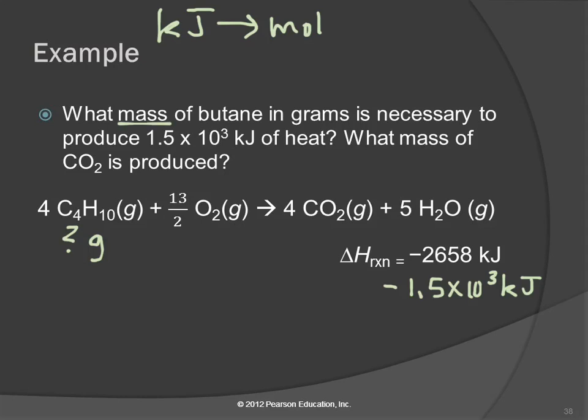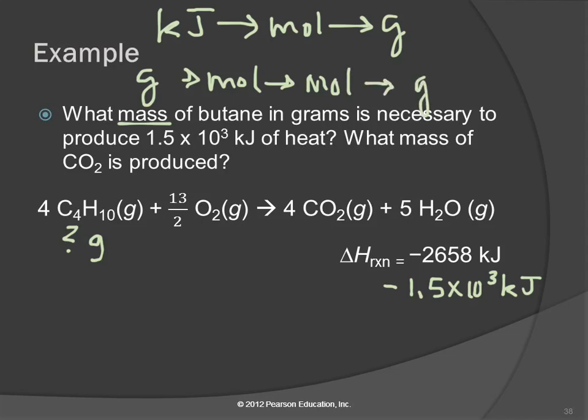Then it's asking us, though, what mass. And then we can go from moles to grams. So the regular path was grams to moles to moles to grams. And we're just going to tweak it a little bit. The tweak is that we're jumping in right here. We're going to jump in the middle instead with kilojoules.